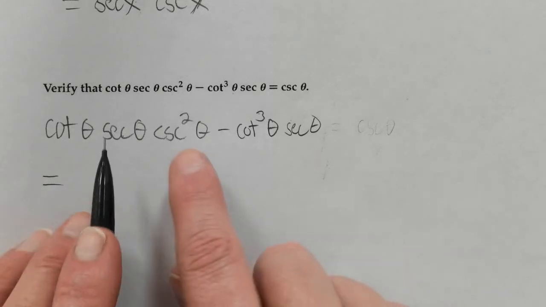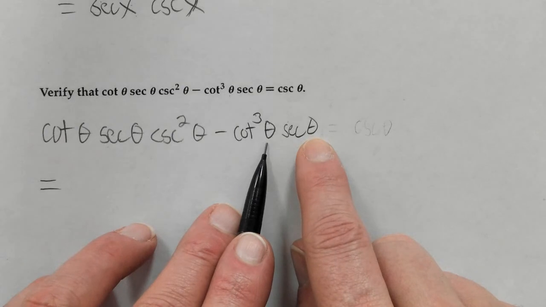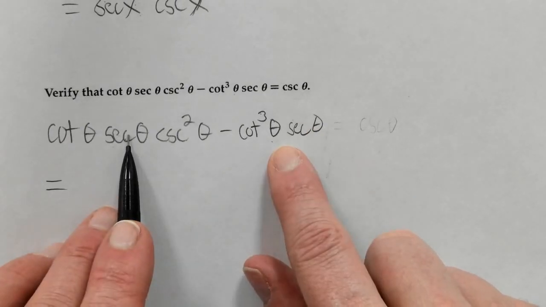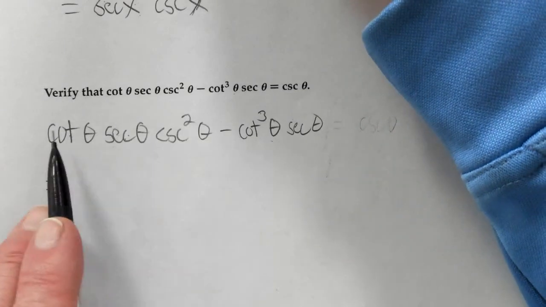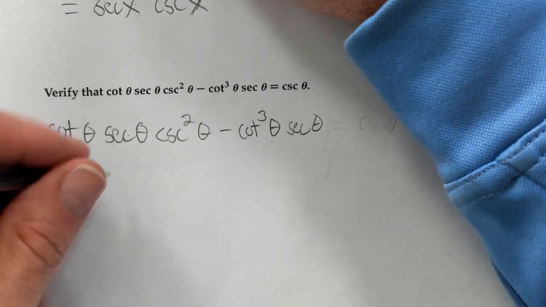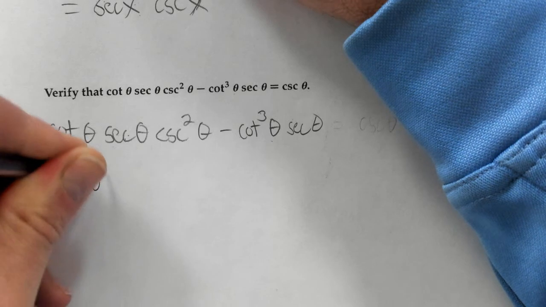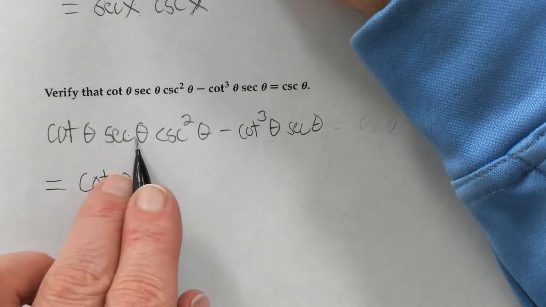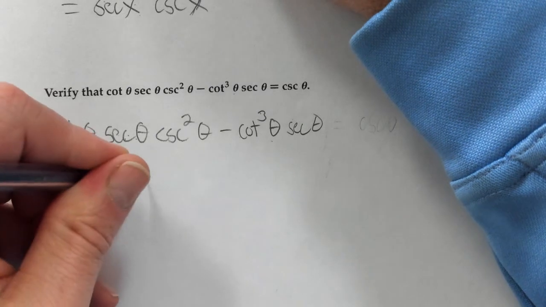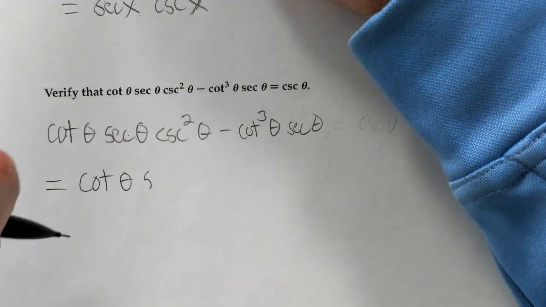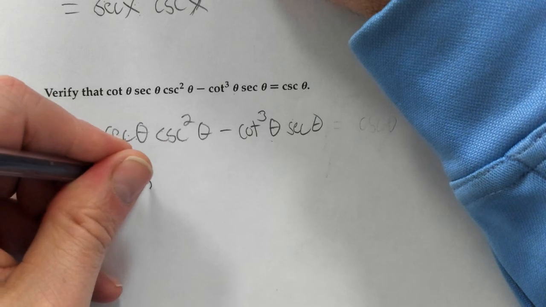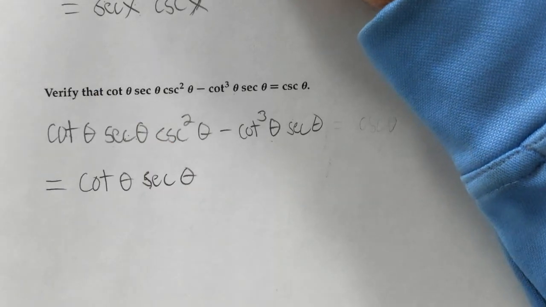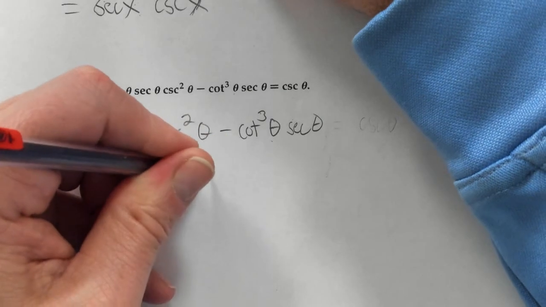Between these two, what are the common terms? In other words, what can I pull out of here? The common factors. Well, I can pull out a cotangent, and we can also pull out a secant. Now, once we do that, what's left inside of the parentheses?